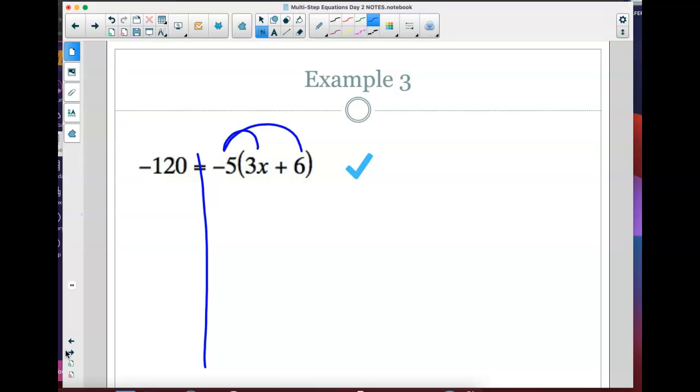Okay, so hopefully, if you distribute first, you have negative 15x plus negative 30 equals negative 120.